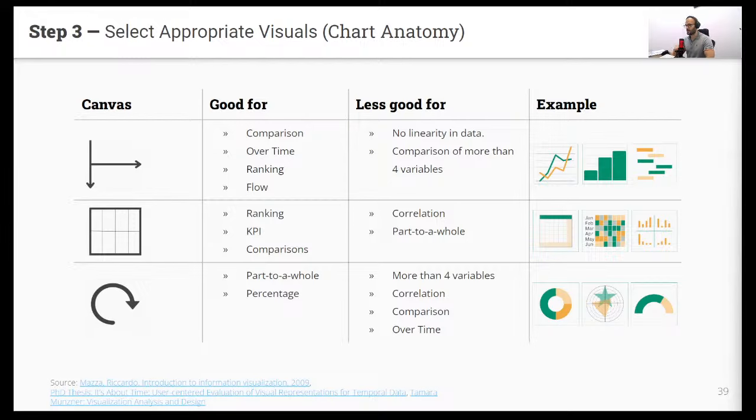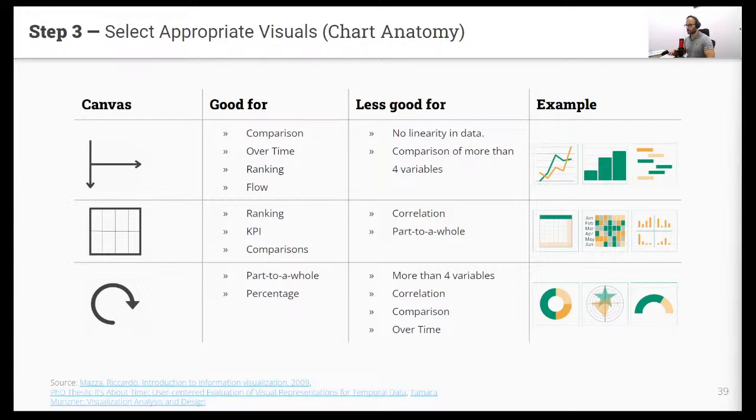Now we need to be careful with all of these, because going above a certain threshold, meaning 4 plus variables, these visuals start to get a little bit cluttery, especially the radial one, and we will come to that a little bit later, why the radial one is an extremely dangerous layout to use for certain types of data.